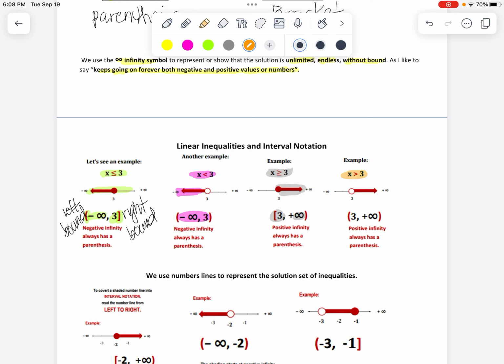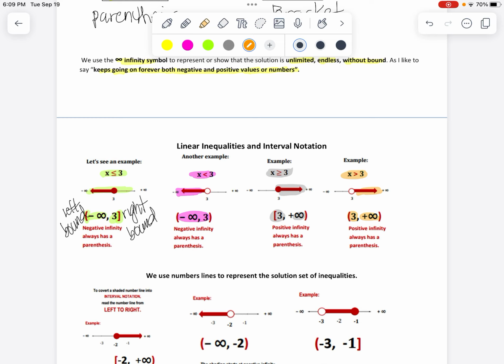Now the number line goes from 3 to positive infinity. That circle is open, and so in interval notation it's 3 with parentheses to positive infinity with parentheses. Keep in mind we always read left to right.